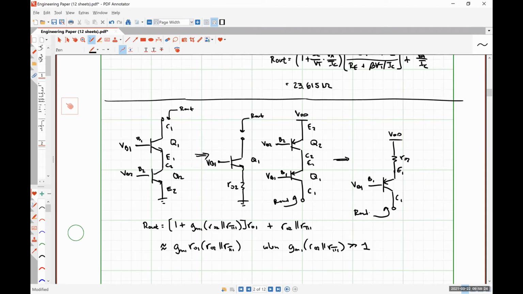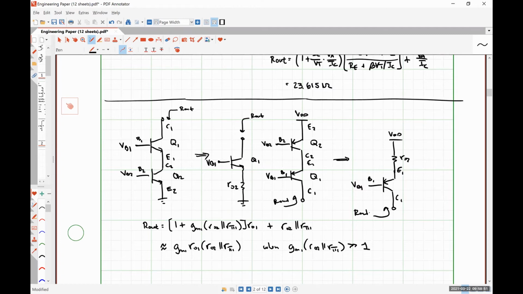So it stands to reason that, looking at our equation here, again, all I've done is replace RE with R02, but we've seen that the early effect resistance is typically a lot larger than what we would see with putting a discrete resistor there, right?